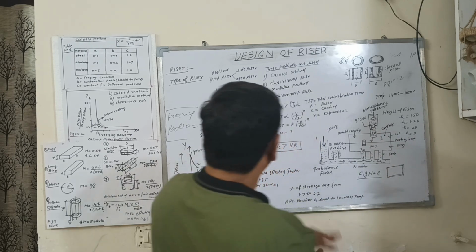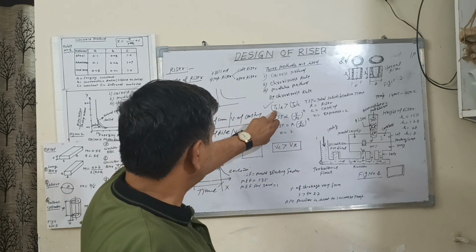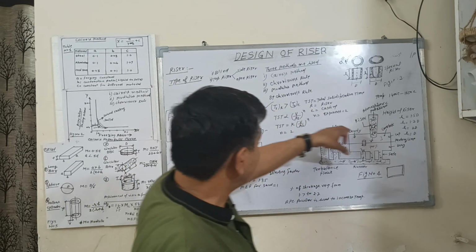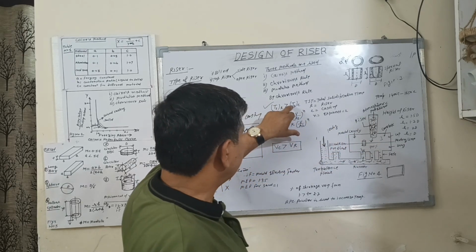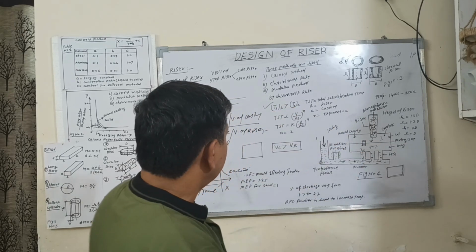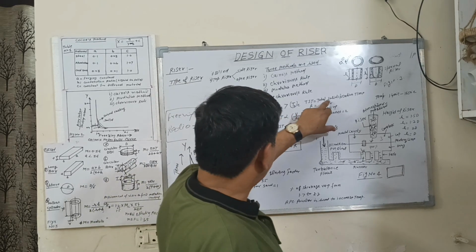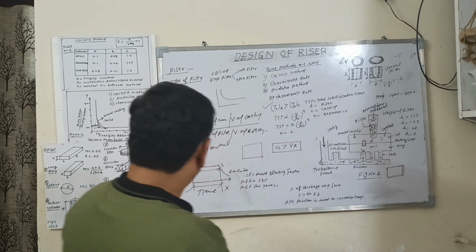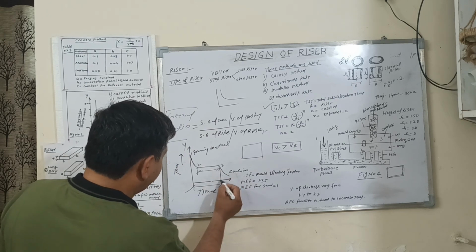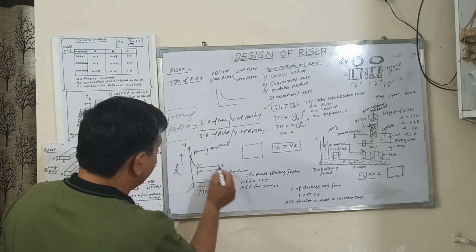So the solidification time of the riser is always greater than the solidification time of the casting. This is the total solidification time, from point 1 to 3.